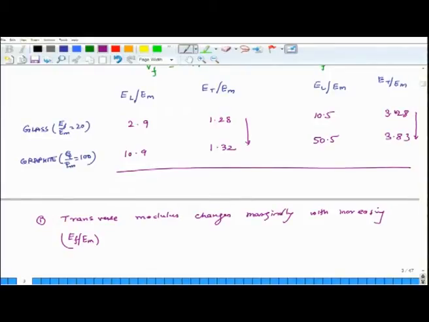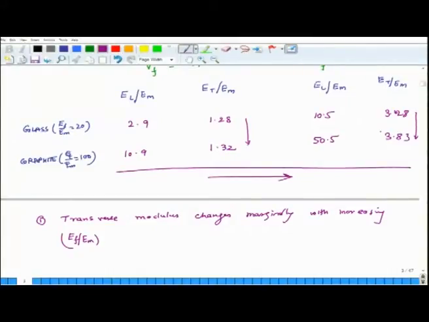The second thing is, if you look at the horizontal direction, volume fraction is increasing, and as volume fraction increases from 10% to 50%, El over Em again goes up, it jumps from 2.9 to 10.5. Transverse modulus also increases, but that increase is not that strong. 1.28 to 3.28 is maybe something like 2.5 times increase, but 2.9 to 10.5 is an increment of about a factor of 3 to 4.